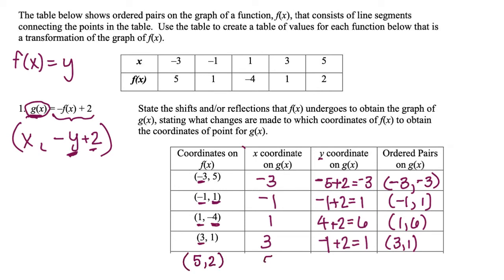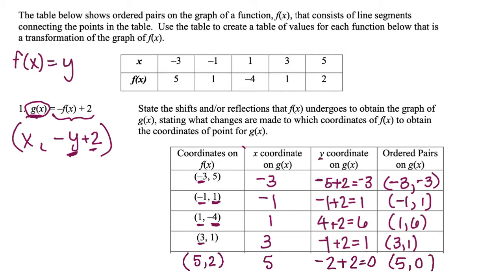So the x is 5, and then over here you're going to have the opposite of y plus 2. That's going to give you 0, so the coordinate is 5, 0.